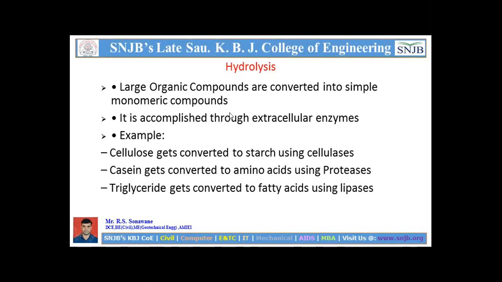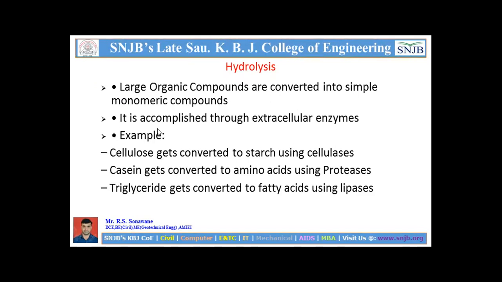We are discussing the hydrolysis stage on the way to producing methane, carbon dioxide and other gases, that is, our biogas. Secondly, it is accomplished through extracellular enzymes.